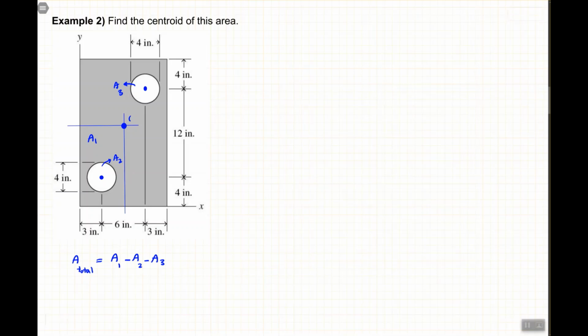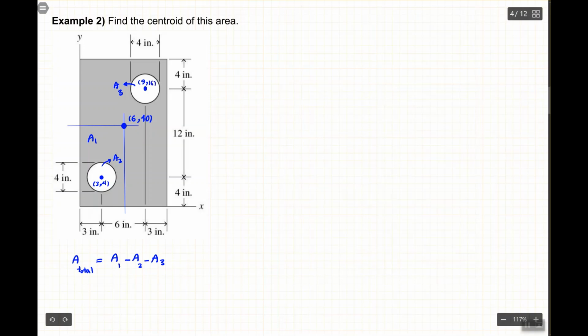It must be 6 and over here 10, let's say, yeah, 10, and the coordinate of this point we also know it must be 3 and 4, and the coordinate of this point is 9 and 16.